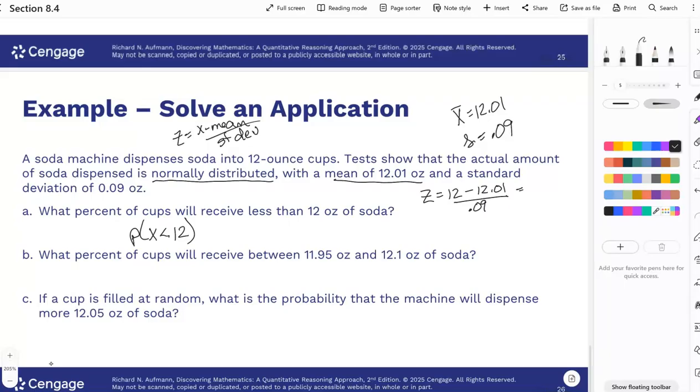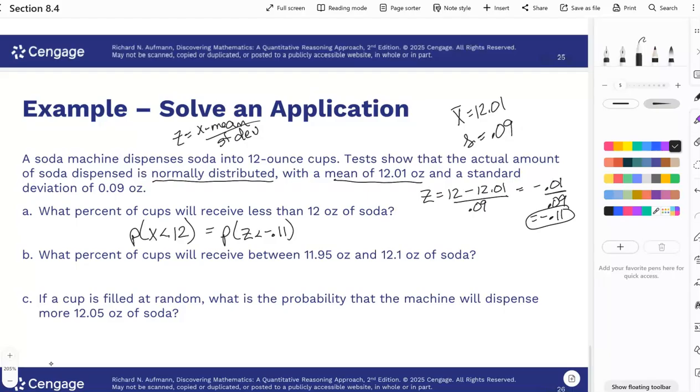And because that X value is slightly less than that mean, then we're going to get a negative number. So I got negative 0.01 divided by 0.09, and that's going to be equal to negative 0.11. So this is equivalent to saying I need to find the probability that the z-score is less than negative 0.11.